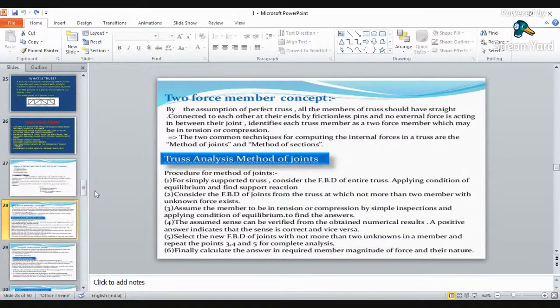Okay, then once you have selected a joint which does not have more than two unknowns, apply the two basic equilibrium conditions, then find the unknowns at that joint. Okay, once you are done with the first joint, then select a second joint. Again, that joint must have only two unknown forces, and move on. This process should be continued until you have the force in the final member of that truss.